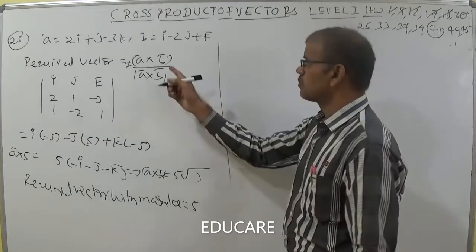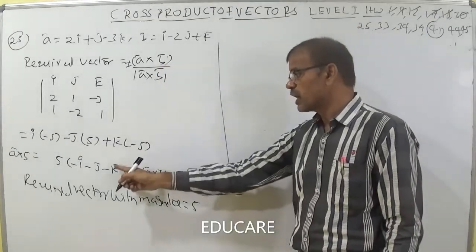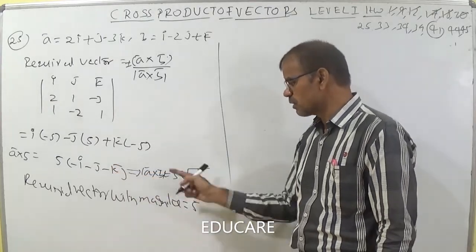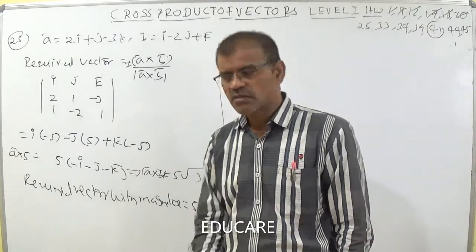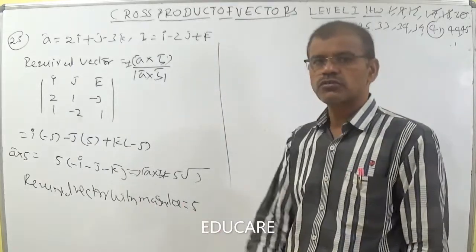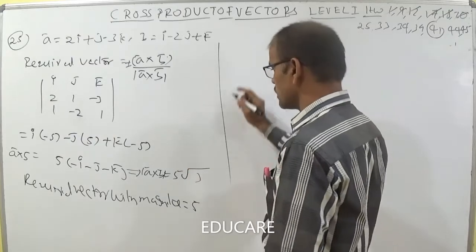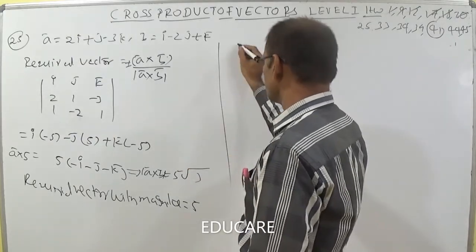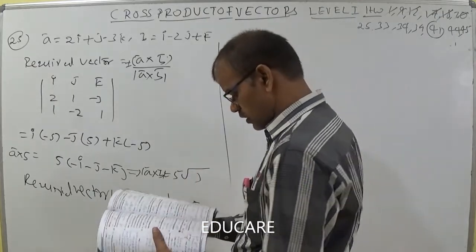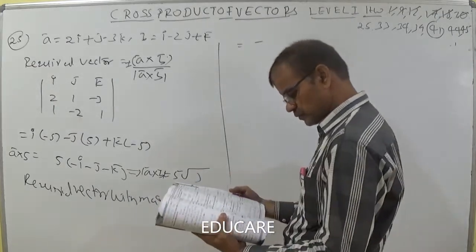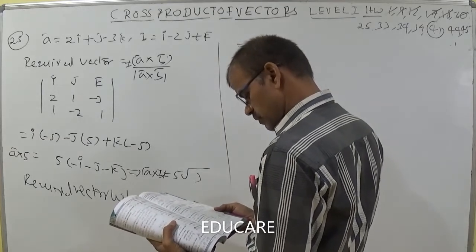So whenever you put plus or minus a cross b by mod a cross b, it is 5 into (minus i minus j minus k) by 5 root 3. Here 5 and 5 get cancelled normally, but whenever the magnitude is given, you should not cancel the 5. You should consider the magnitude also. That is equal to 5 into plus or minus (minus i plus j plus k).